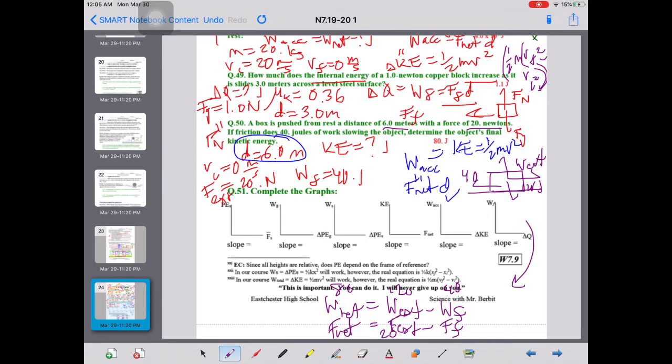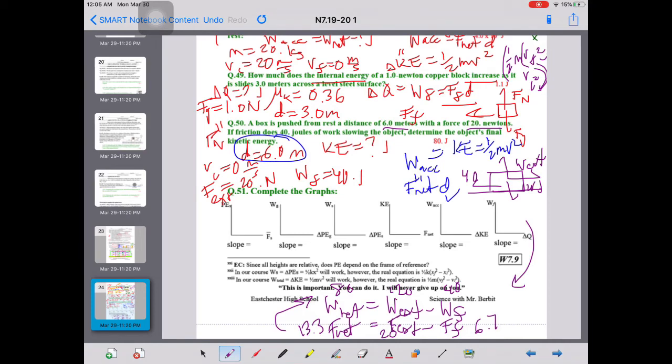So 40 divided by 6, which is 6 2/3. Let's say 6.7. And so the F net over here is going to be about 13.3. And then you would have to multiply that by the 6 meters to get it in the end. 13.3 times 6 is 80. Works perfectly. Either way you do it. More than one way to skin that cat.